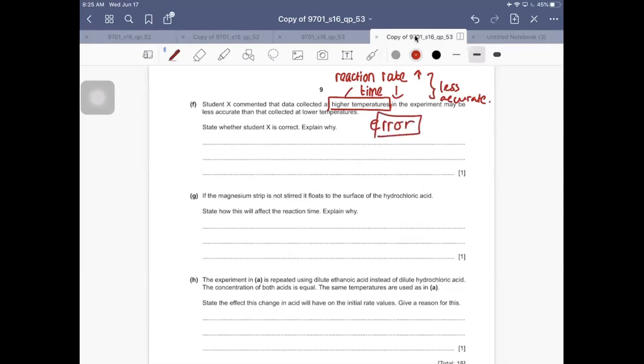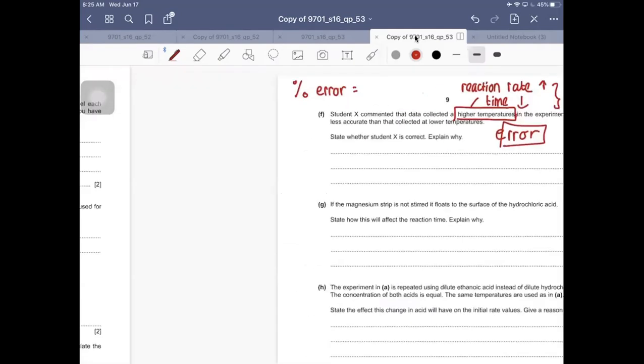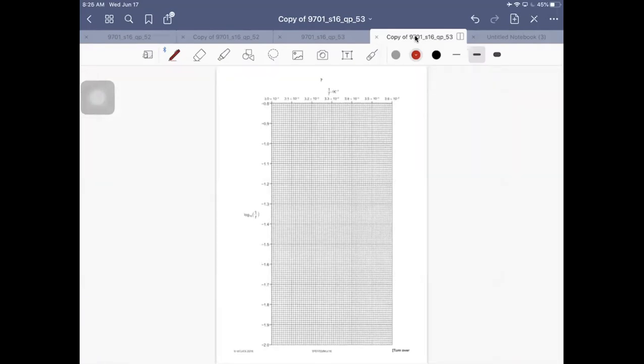So let's talk about percentage error, where you have the smallest reading over the value times by 100. What's their smallest reading?